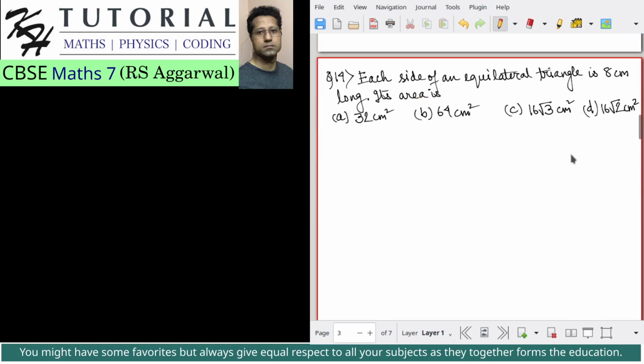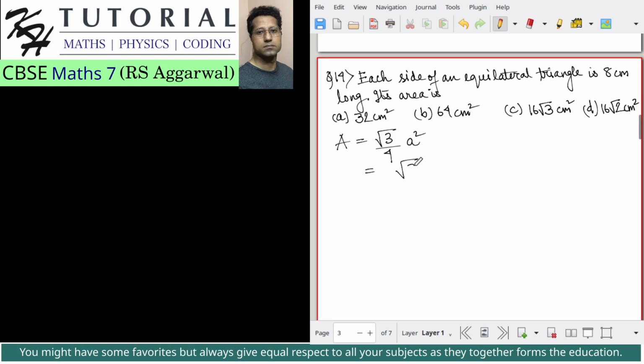Question number 14. Each side of an equilateral triangle is 8 centimeter long. Its area is. So again, we know area is equal to square root of 3 divided by 4 A square, where A is the length of each side of the equilateral triangle. The length of each side is given to be 8 centimeter.